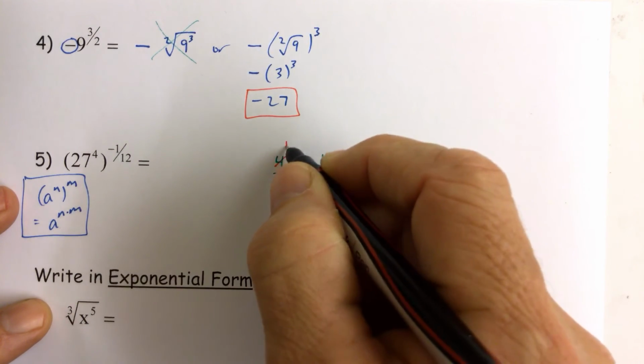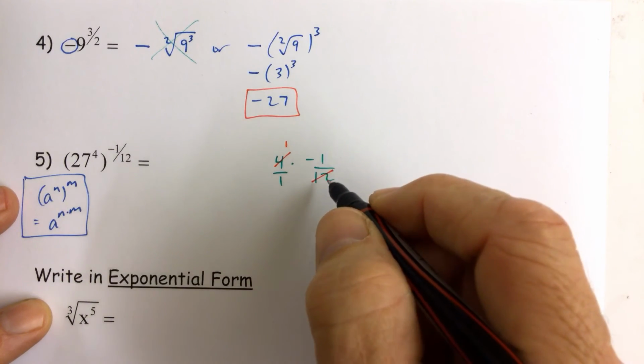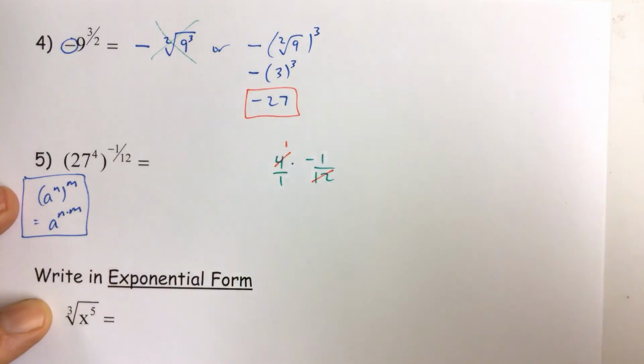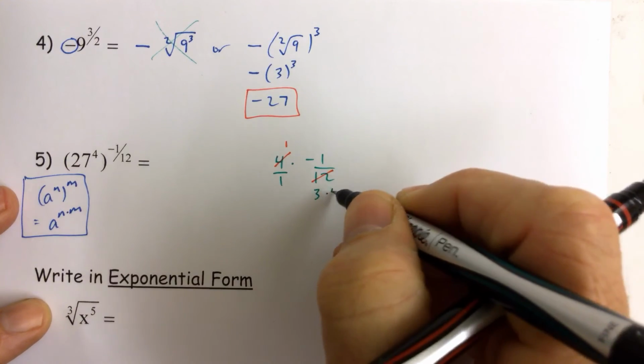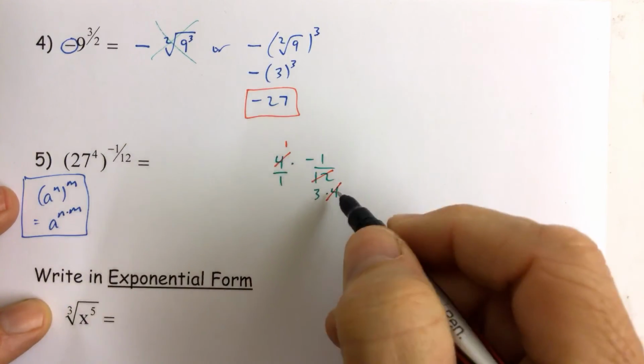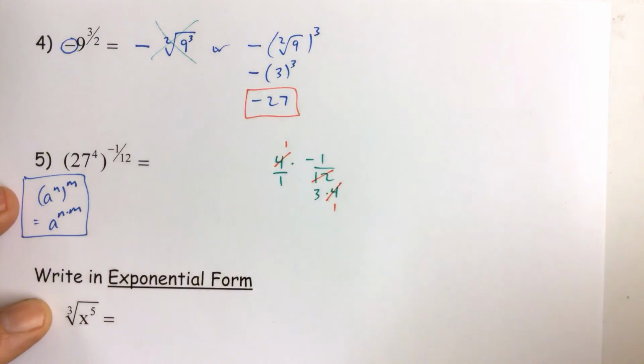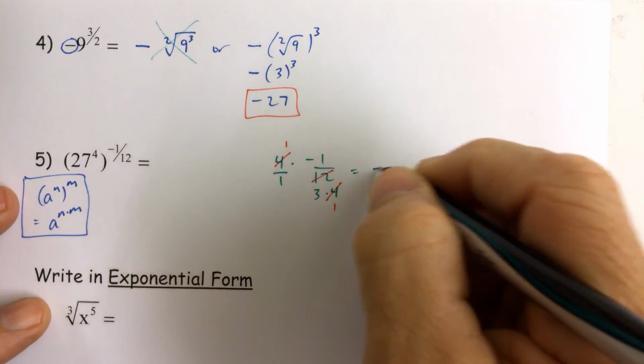But I also can simplify the process a little bit here. When I'm multiplying, I can cancel like factors. You could have written 12 as 3 times 4, and when we have multiplication, we get to cancel the 4's, because 4 divided by 4 is 1. So we end up getting negative 1/3.